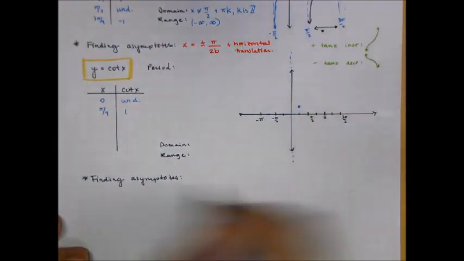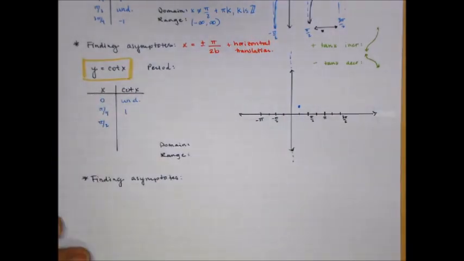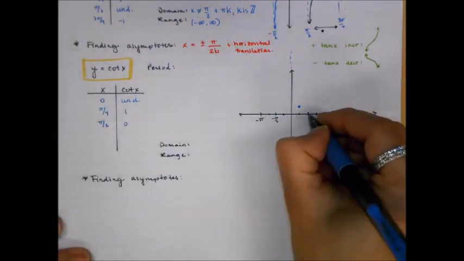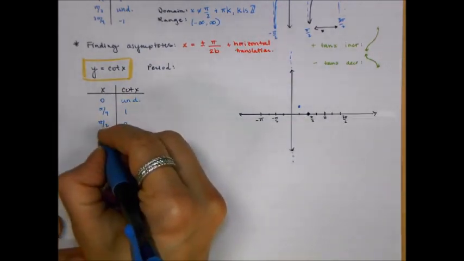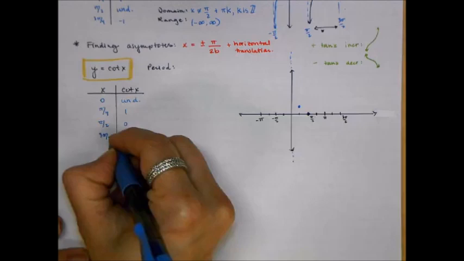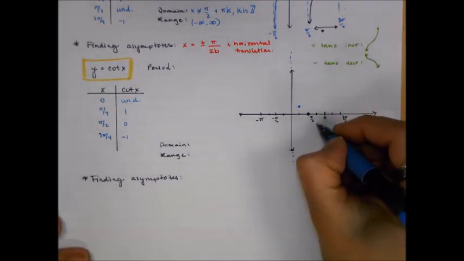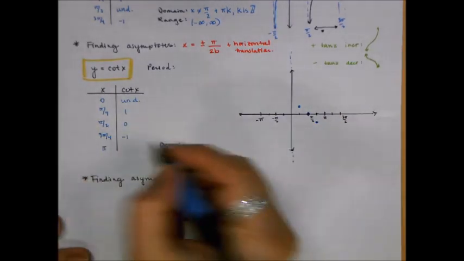At pi over 2, cotangent now is still x over y, so 0 over 1 is 0. At 3 pi over 4, cotangent is negative 1. And at pi, again, undefined.